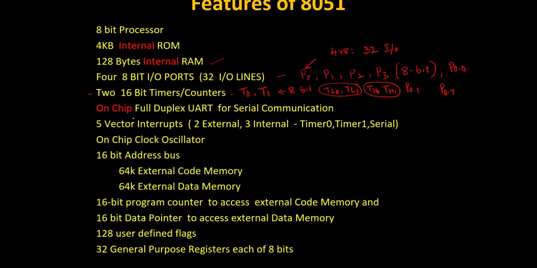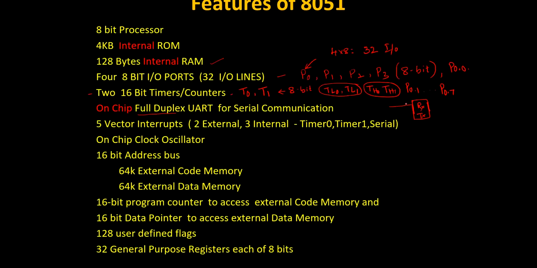Next, we have an on-chip full duplex UART for serial communication, universal asynchronous receiver transmitter. How does this work? It is a receiver as well as a transmitter.